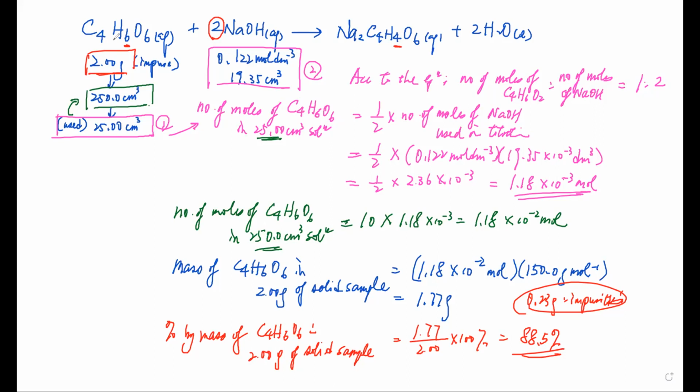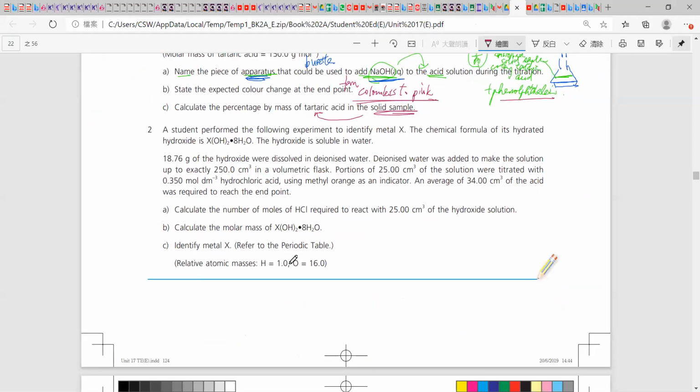Okay, the second question is this one. A student performed the following experiment to identify metal X. And the chemical formula of this hydrated oxide, which means with the water of crystallization, right?